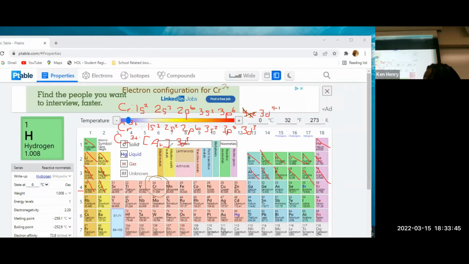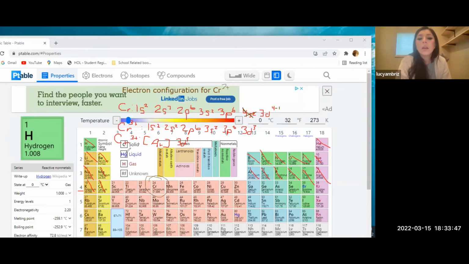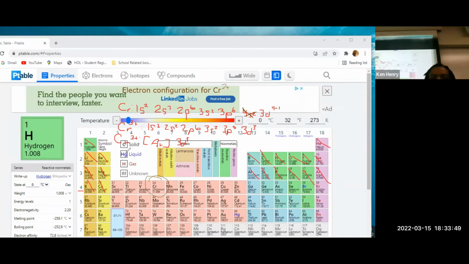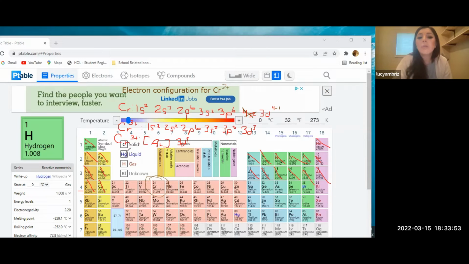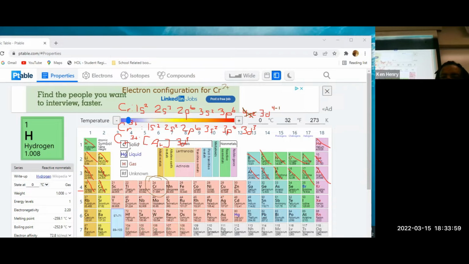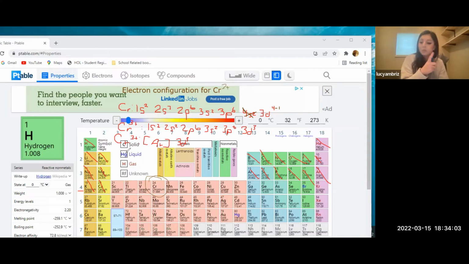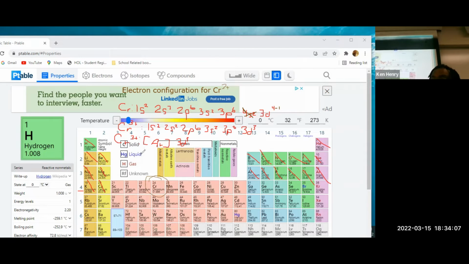This way saves us time, and it also helps us realize which electrons are available for bonding. What's the term used for when you start at that noble gas? That's the core. So you're starting off with a core. Okay. Questions? Okay, good.